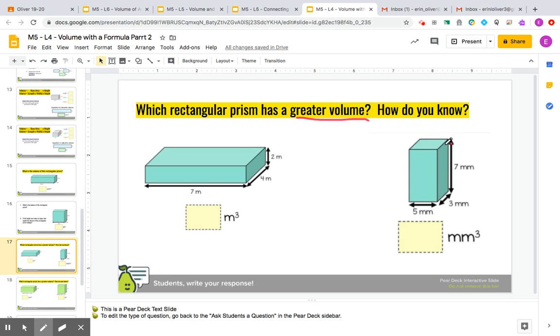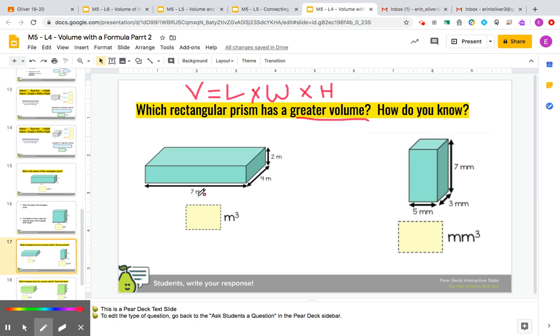So I know my formula is going to be volume equals length times my width times my height.